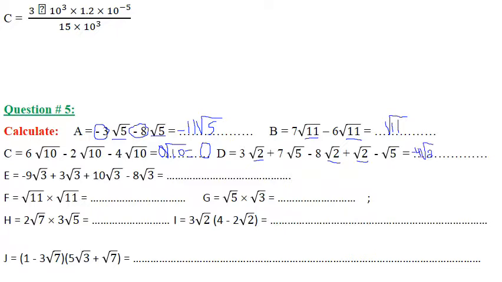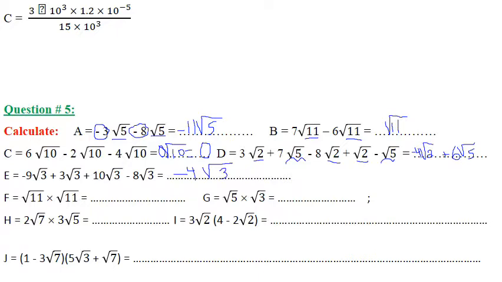Now after we finish with the radical 2, we go to the radical 5, so we do the radical 5 with the radical 5. 7 minus 1 is plus 6 radical 5. Also here all of them have a radical 3, so minus 9 plus 3 is minus 6, plus 10 is 4, minus 8 is negative 4, and we keep the radical 3 as it is.